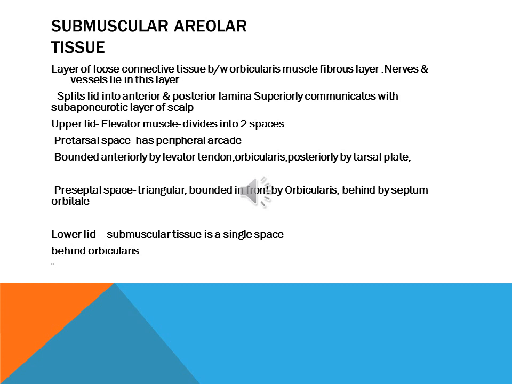In the upper lid, it is divided into two spaces, one pretarsal and the other preseptal. The pretarsal is between the orbicularis oculi, the levator palpebrae superioris and the tarsal plate, and the preseptal is bounded posteriorly by the orbital septum and anteriorly by the orbicularis oculi and the levator palpebrae superioris.